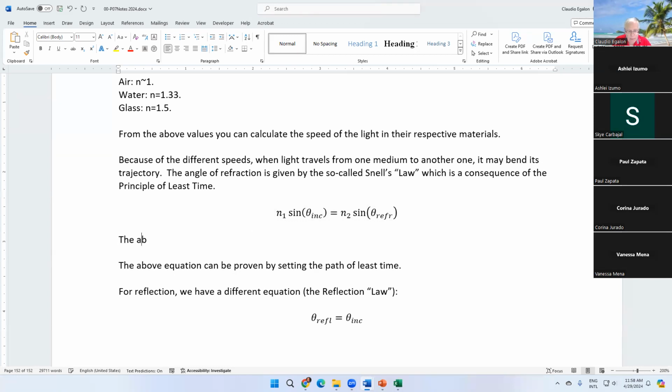The above angles are measured with respect to a direction normal to the surface, to the interface of the two media.